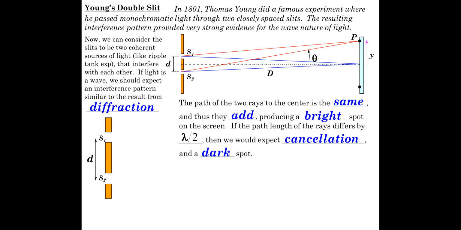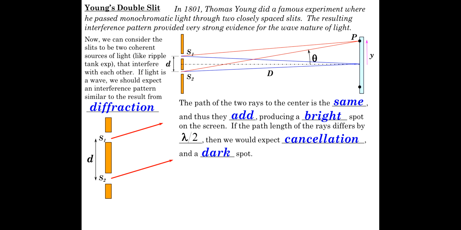But now we have two little slits compared to the entire distance here. And so if you think of these as point sources, they're going to interfere, superimpose on each other, just like what we saw in the wave tank.